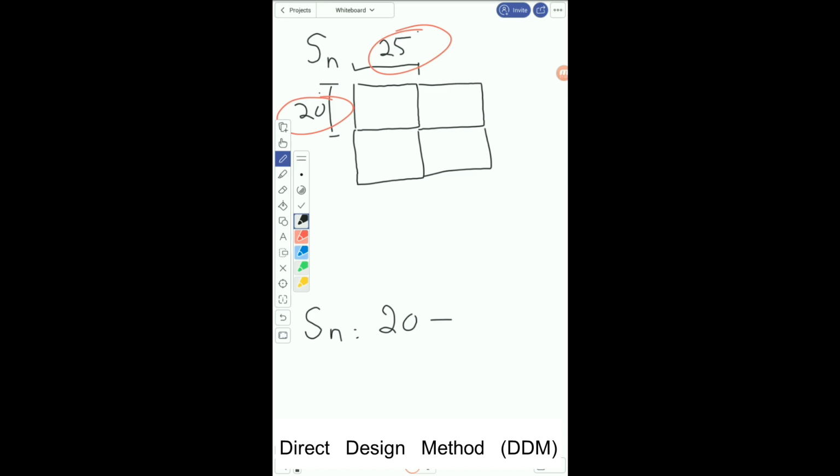So what I have to subtract from 20 is the beams that are coming in this direction, because there is a beam coming here like this one, and again there's a beam coming here in this direction. So I need to subtract half from this and half from this one in order to get a clear span in this direction, because both of these two beams are running in the long direction.